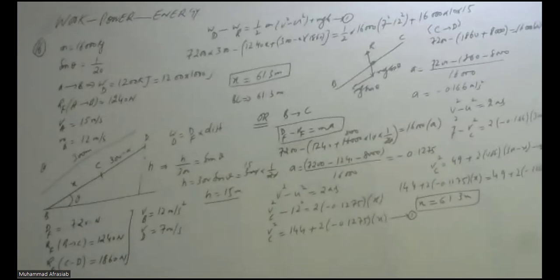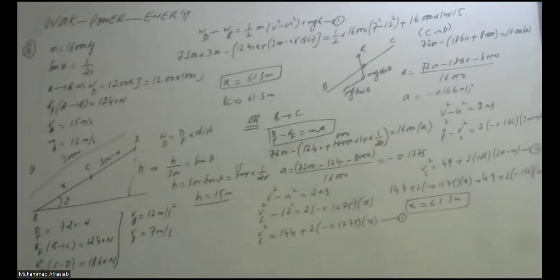So you have seen that we can solve it with two methods. One, directly with the help of work done by driving force minus work done by resistive force equal to change in kinetic energy plus mgh, or you can solve the two different equations and you will get two different accelerations for B to C and from C to D. And then you can put in the velocities equation and solve them simultaneously and you will get the value of x.